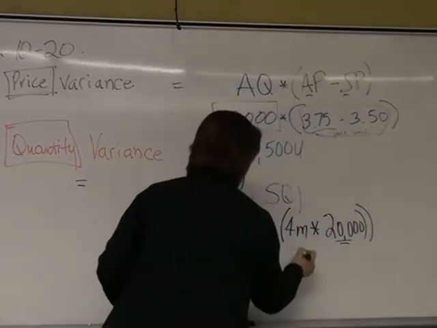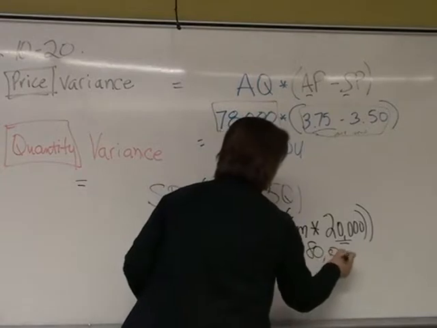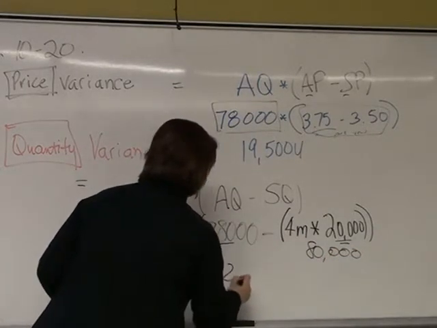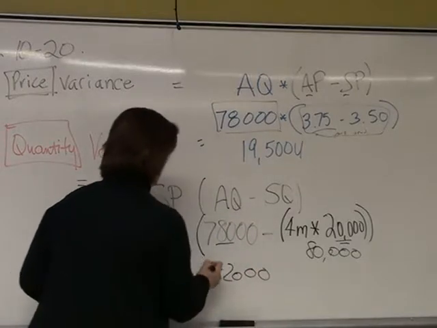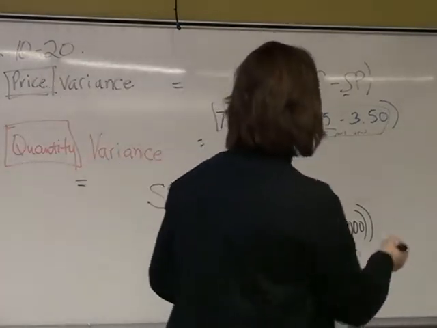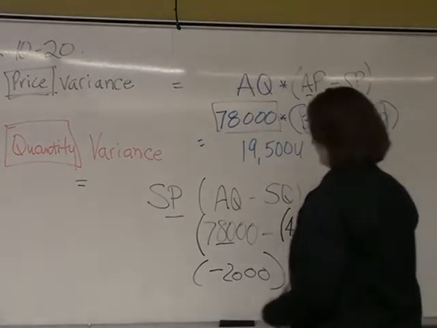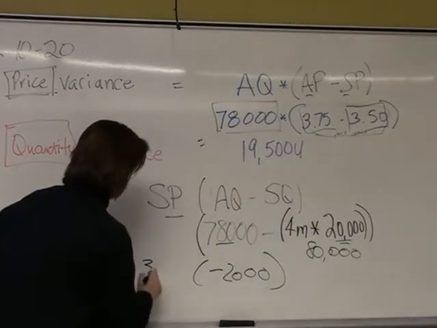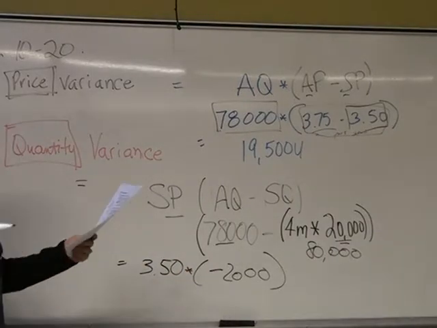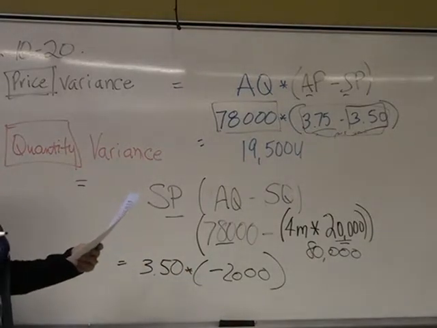So that's 80,000, right? So here now we have minus 2,000 times, what's the standard price? It's up here, right? 3.50? So that gives us what?